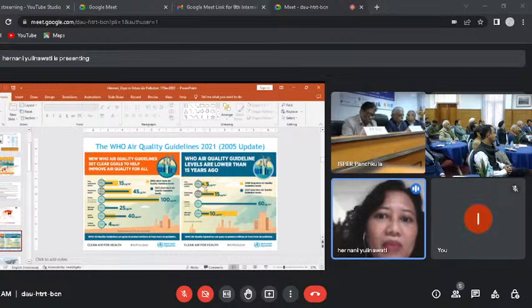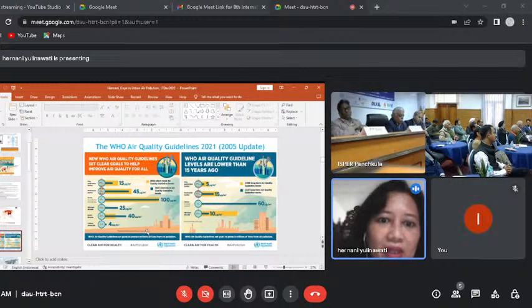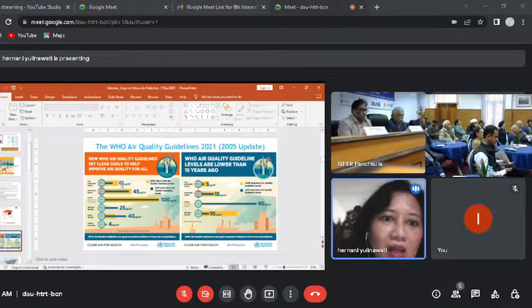For example, for the PM 2.5, for the 24 hours average, it was like 15. The yellow one is the 2005 guideline. So it was 15 micrograms per cubic meter, and now it's 10 micrograms per cubic meter.